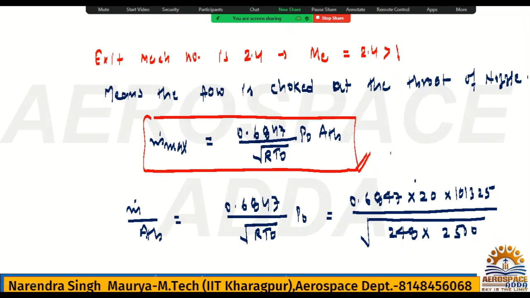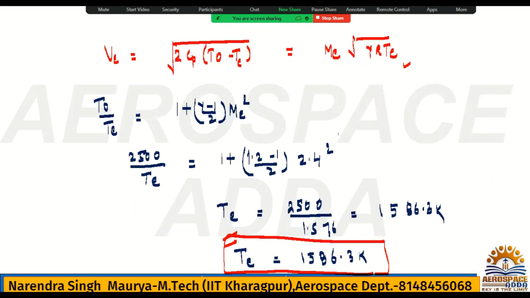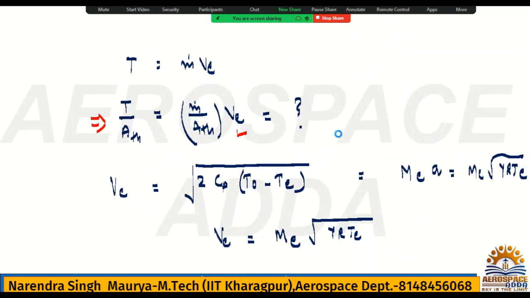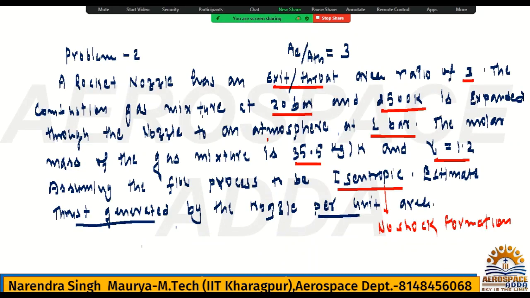If you remember, when I derived this, the constant 0.6487 was for gamma of air, and that time gamma was 1.4. Here they have given gamma 1.2. Because of it I made a mistake. Please correct it: gamma is 1.2.